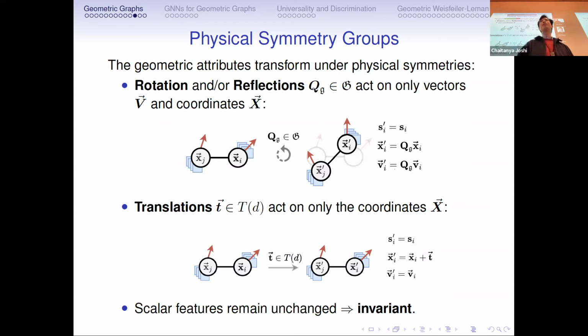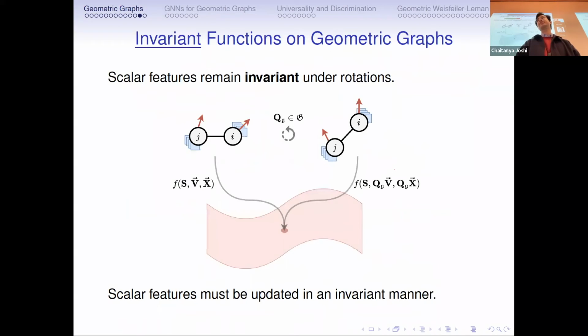Now, we want to build graph neural networks for them, right? So we want to apply certain functions on these features, and we want to update these features. So we talked about how these scalars actually remain invariant or unchanged under rotations, right? So if we update these scalars within our graph neural network, which we normally do, we want to make sure that that update is invariant to rotations as well.